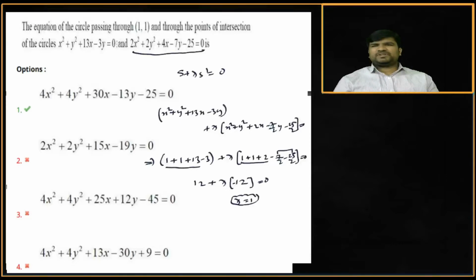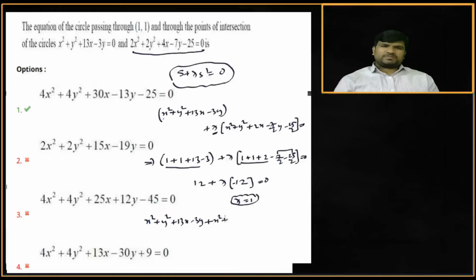We have to find the equation of the circle, so again put the value of lambda. If you put lambda equals 1, the circle becomes x square plus y square plus 13x minus 3y plus x square plus y square plus 2x minus 7 by 2 y minus 25 by 2 equals 0.